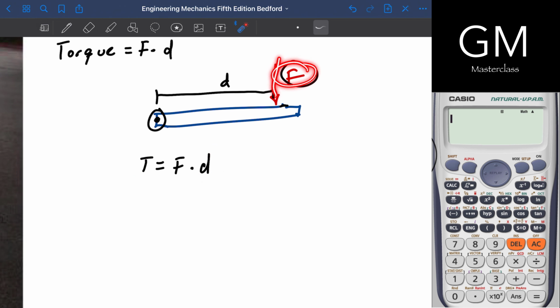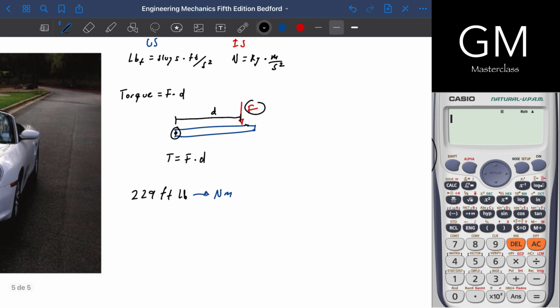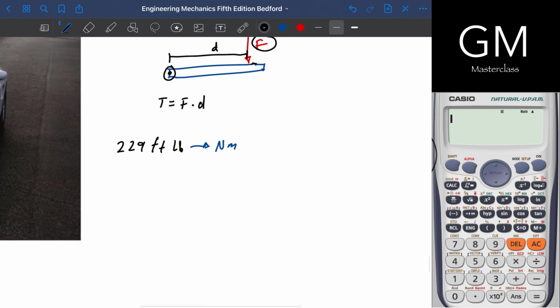And we have to transform those into Newton meters. So we just have to play with the units. 229 feet per force pounds, which is equal to slugs multiplied by feet divided by square seconds.